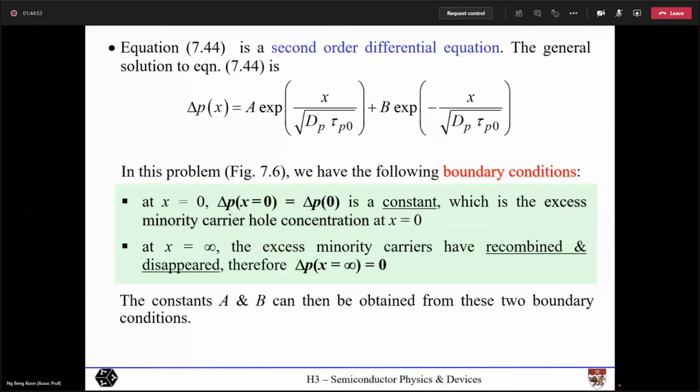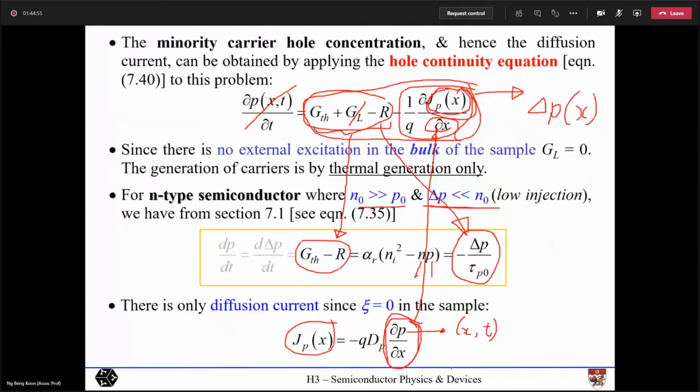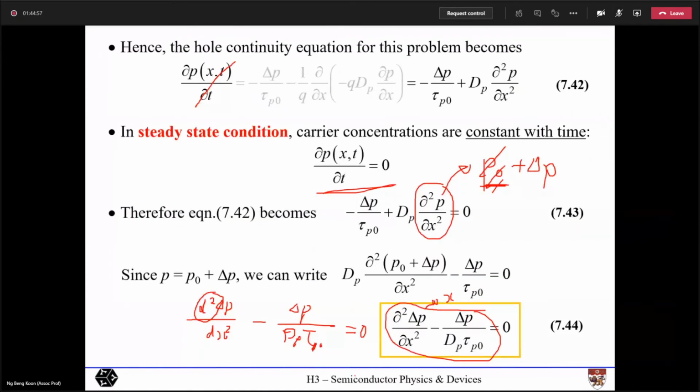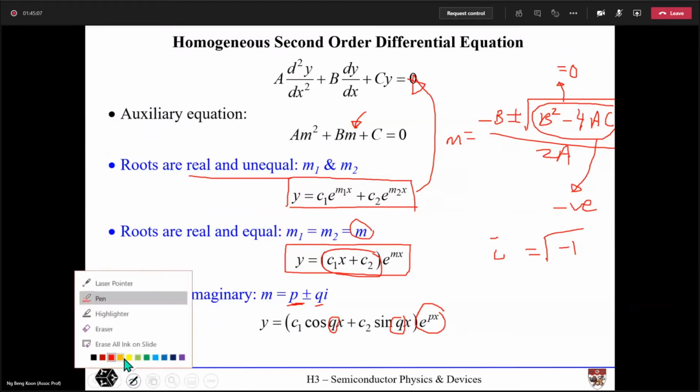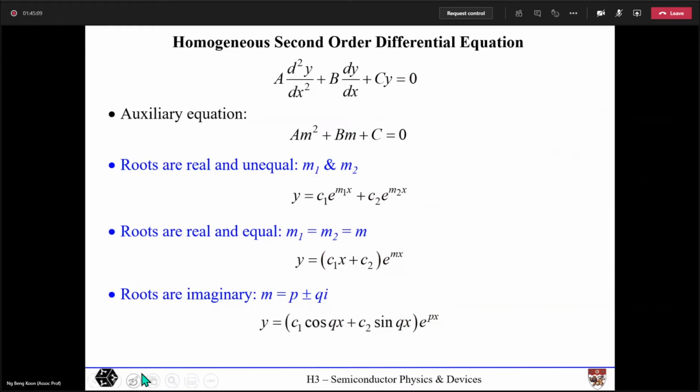So if you refer back to what we have, this equation here. Let's clear this.